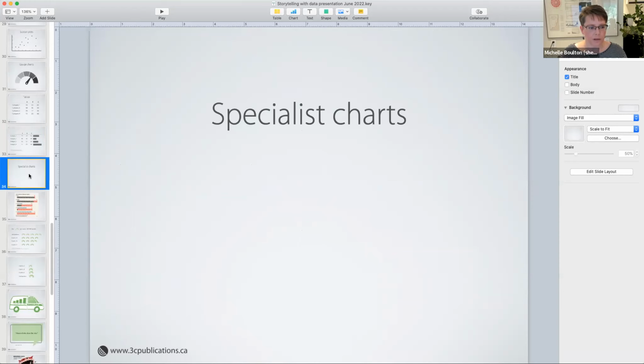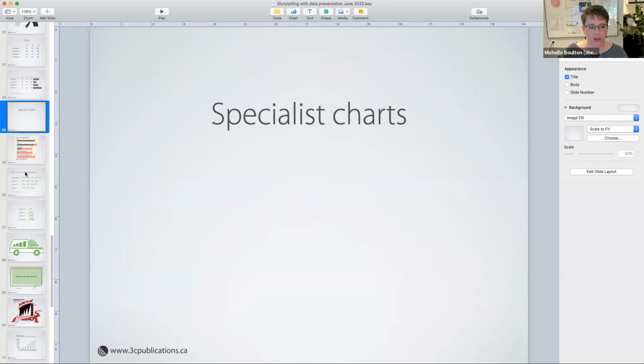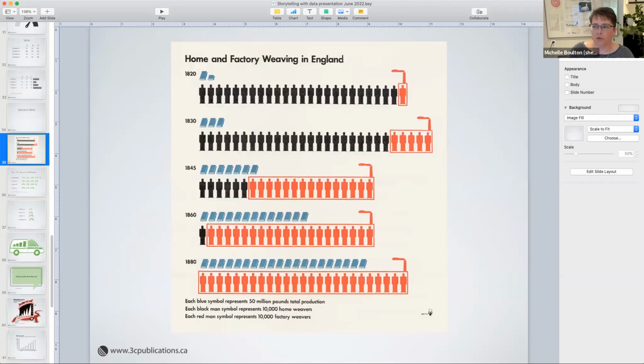So very quickly before we wrap up, I just want to talk about some specialist charts that we don't see that often, but we do see a lot out in the world. The first of those is something called Isotype, and it was invented by Otto Neurath back in the 1920s.